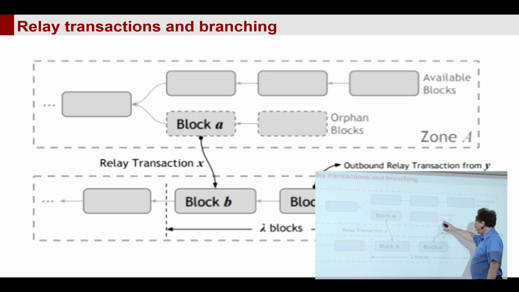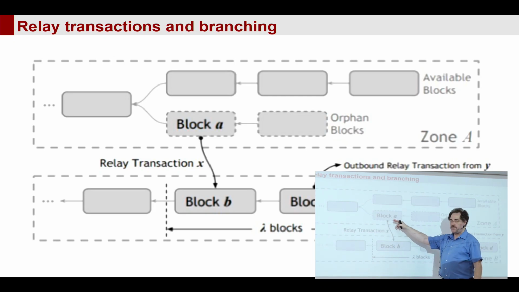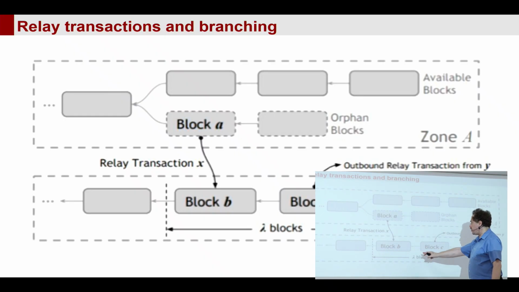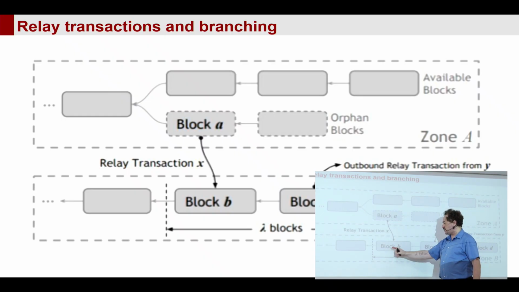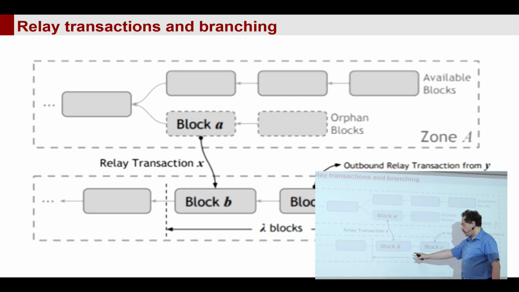However, before block A became abandoned, in zone B the relay transaction successfully went in and was confirmed, and then we had more blocks on top of it. Now we cannot easily cancel the deposit transaction.